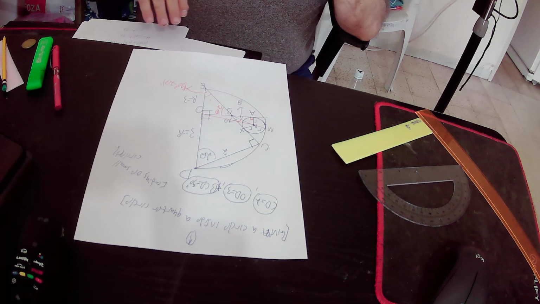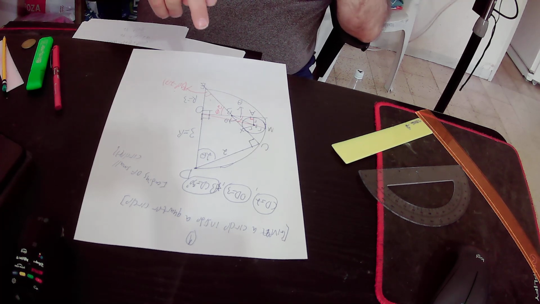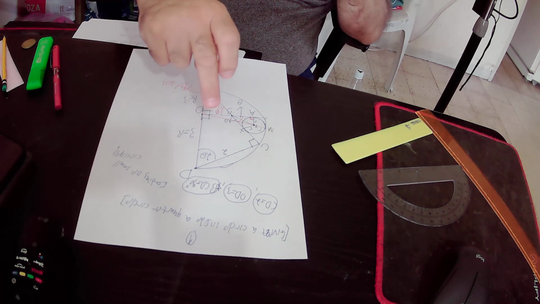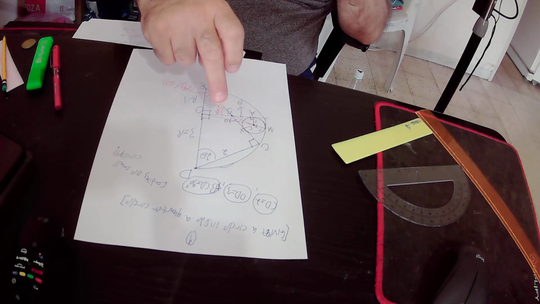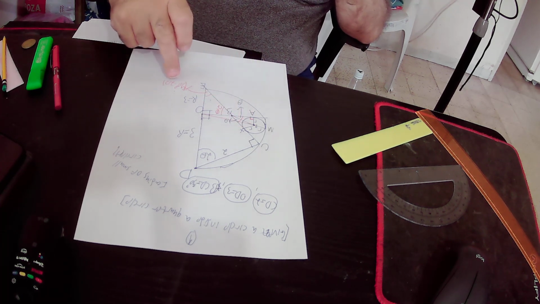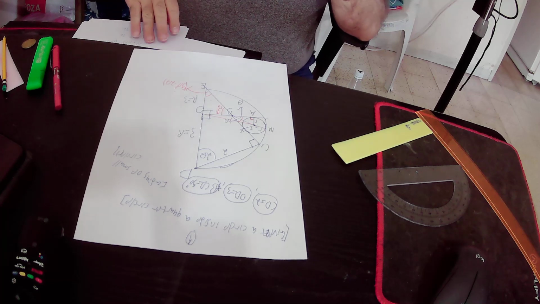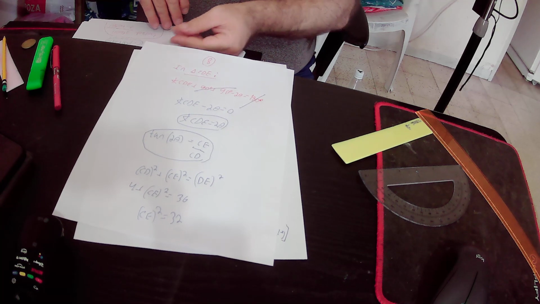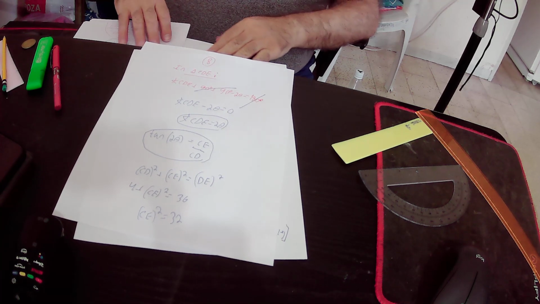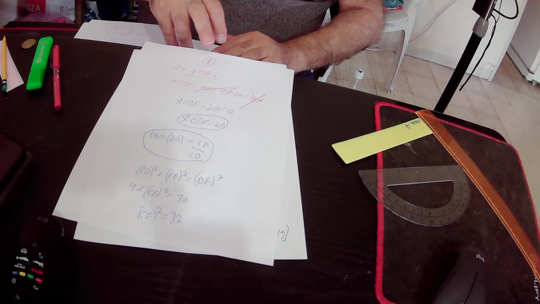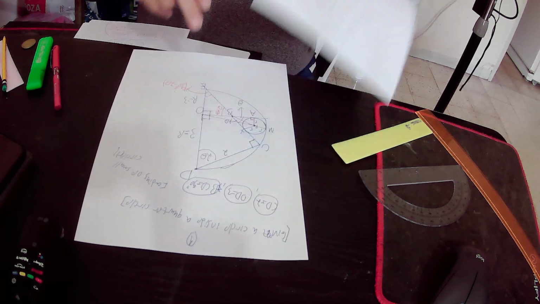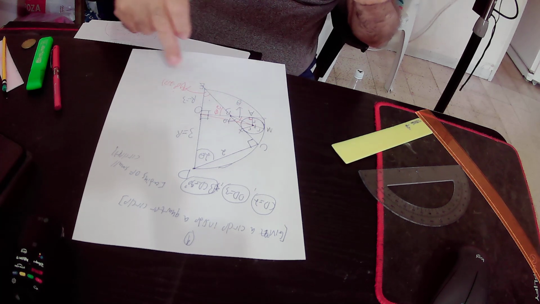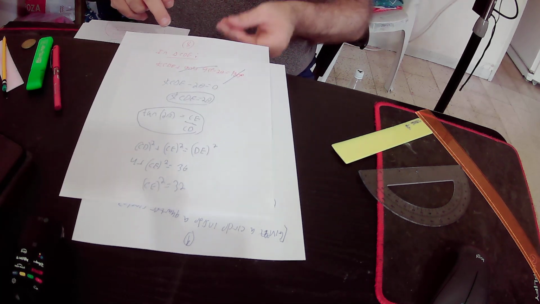So angle CDE plus 90 degrees plus 90 degrees minus 2 theta must equal 180 degrees.